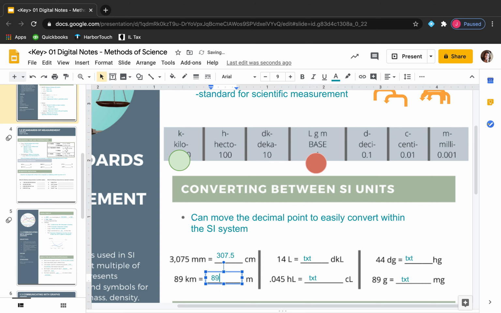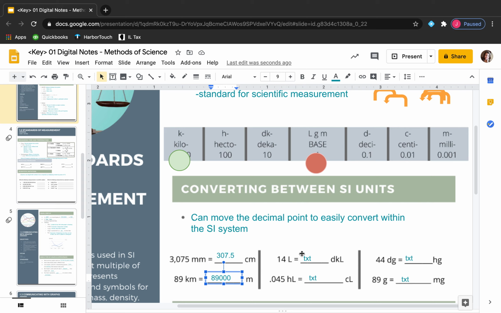So we had 89, and we're going to add 3 zeros for our jumps. So 1, 2, 3. Now you can go back and put the comma here if you want to separate your thousands, but it's not a big deal if you don't. Okay, you'll notice too that I am including the units for you in all of these, so you don't have to rewrite the unit. Okay, but if there was no unit, you would need to make sure and add that or include that.